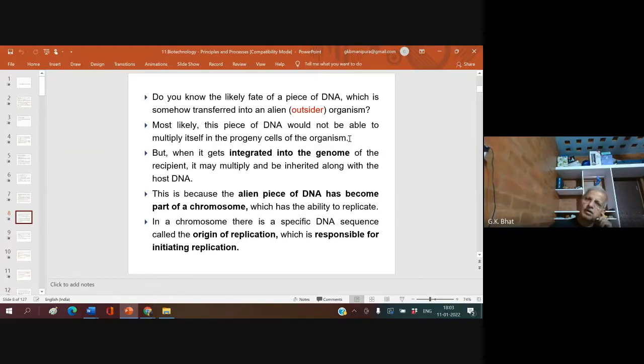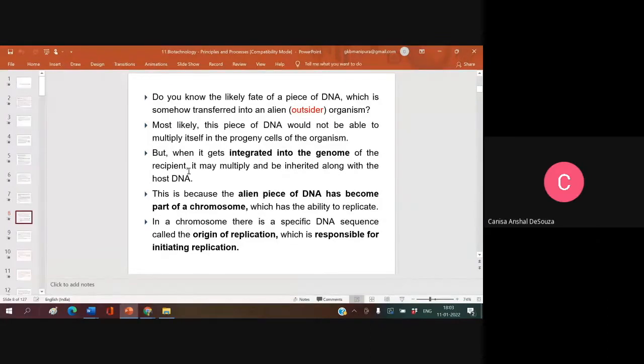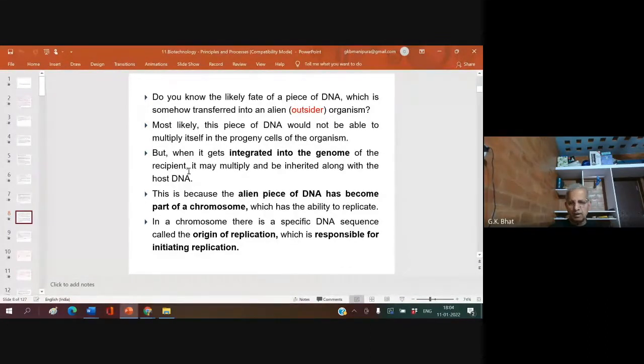But when it gets integrated into the genome of the recipient, it may multiply and be inherited along with the host DNA. What is genome? Genome is nothing but DNA.